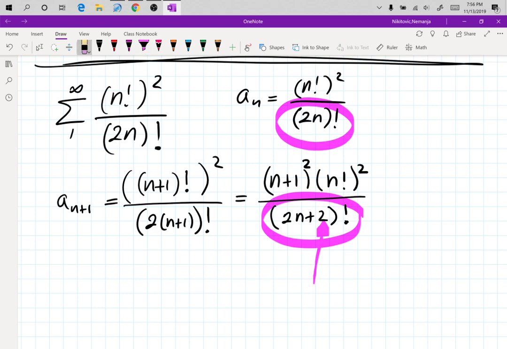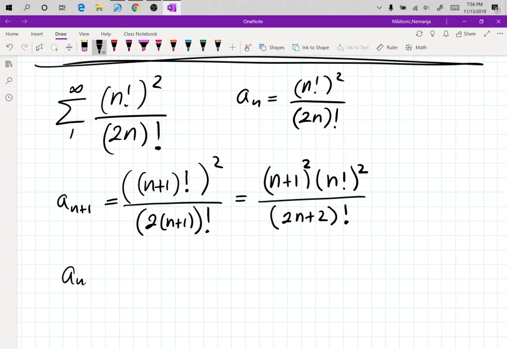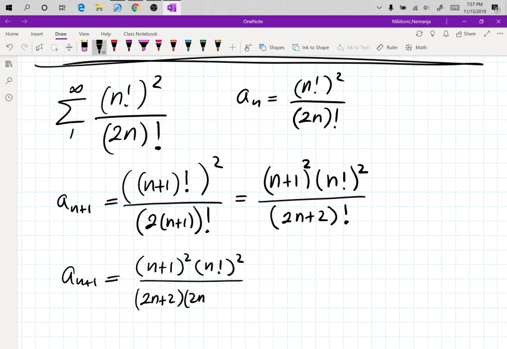So now a_(n+1) is going to be n plus 1 squared, n factorial squared, divided by, and I am peeling off 2n plus 2, 2n plus 1, and then 2n factorial stays. So I am peeling two terms off because I had a plus 2. So when I peel off the one term, then I peel off the next term, and then 2n factorial.